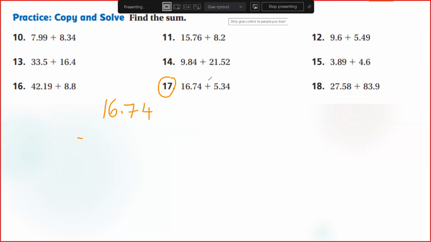16.74 added to 5.34. Yes, Noor. Yalla. Yeah, I want you now to solve number 17. What do you have to do here? Bravo. Which is what? 8. Which is?